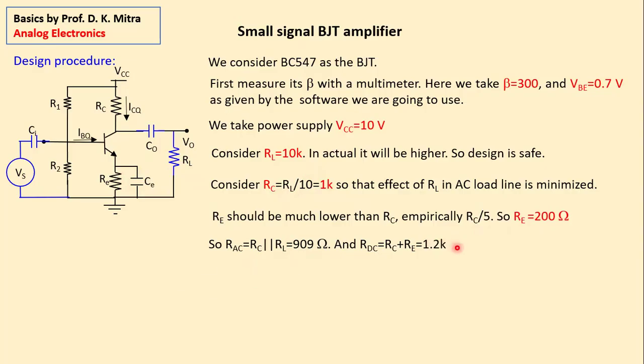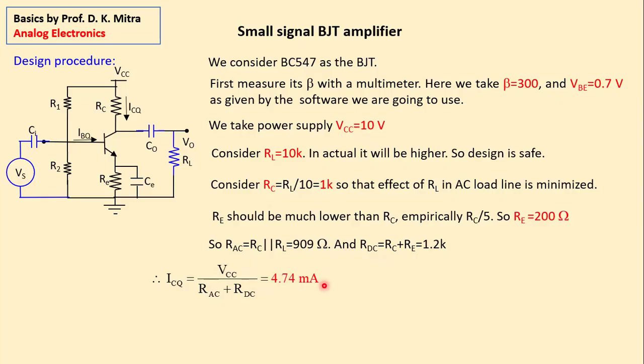Fine. Next step. What is ICQ? I have shown you the formula. It is VCC divided by RAC plus RDC. VCC is 10 volt, RAC is 909, RDC is 1.2K. You calculate, it will become 4.74 milliamps.